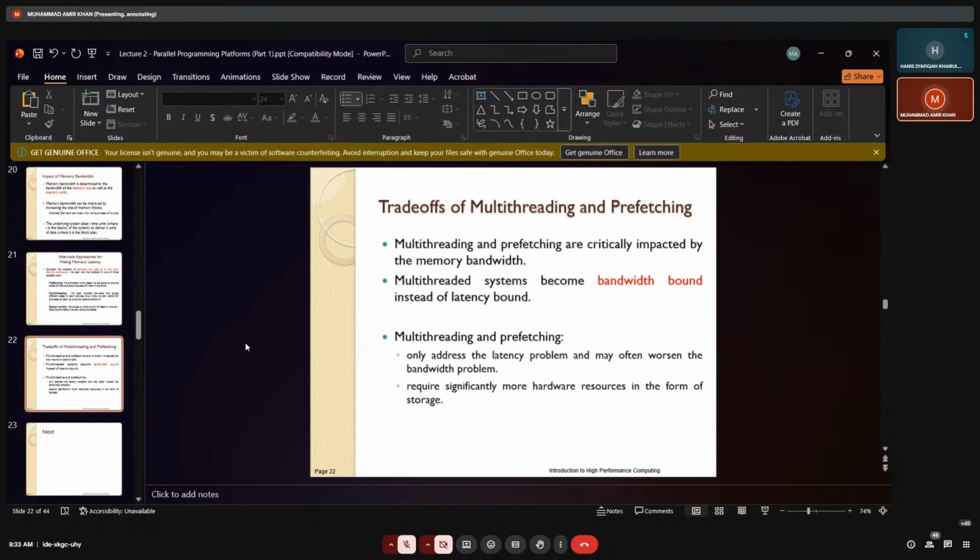So multi-threading and prefetching only address the latency problem and may often worsen the bandwidth problem. It requires significantly more hardware resources in the form of storage. We can use alternate routes, many highways. Understand? By doing this, we can control the traffic of the devices.